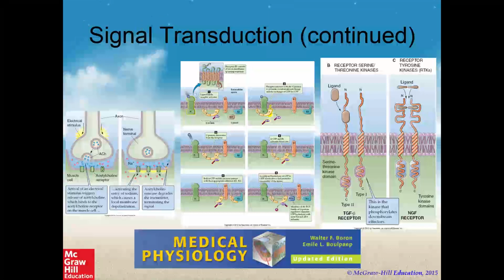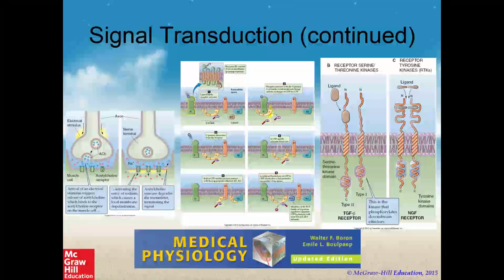Binding of the ligand can cause dissociation, so that the alpha portion can drift away from the beta and gamma subunits and then activate enzymes that are found in the membrane.